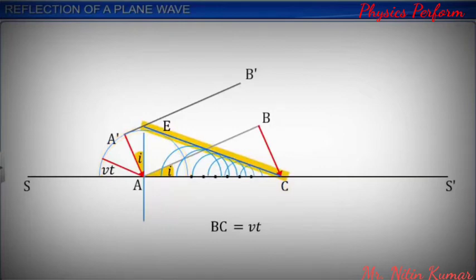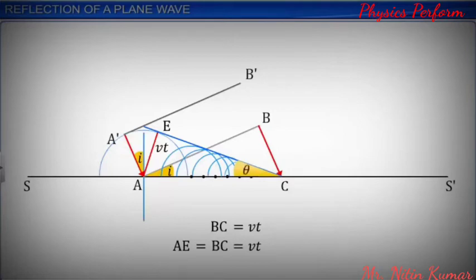AE is the radius of the hemispherical wavelet generated at the point A and is equal to vt. That means AE is equal to BC is equal to vt. The angle that the reflected wavefront CE makes with the surface SS' is the angle of reflection. Let it be theta.